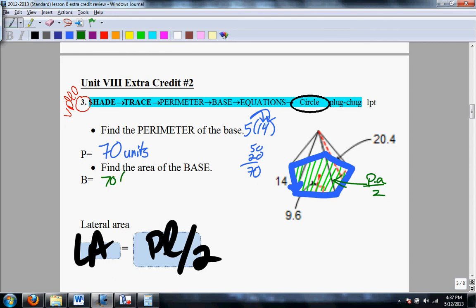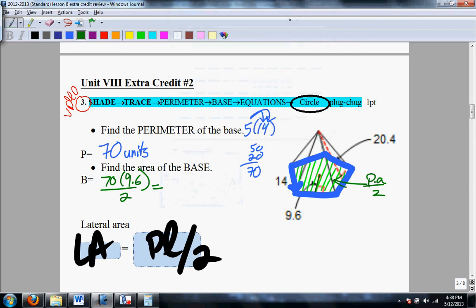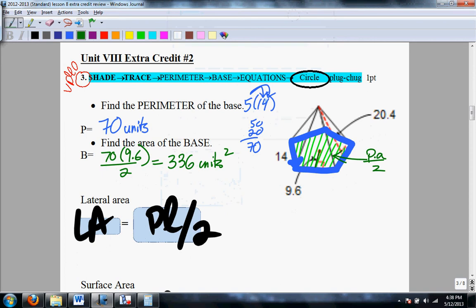So we're going to take that 70 times that apothem right there, 9.6 over 2, because it's the 2-dimensional area of a regular polygon. So it's 70 times 9.6 divided by 2, our base is 336 units squared.